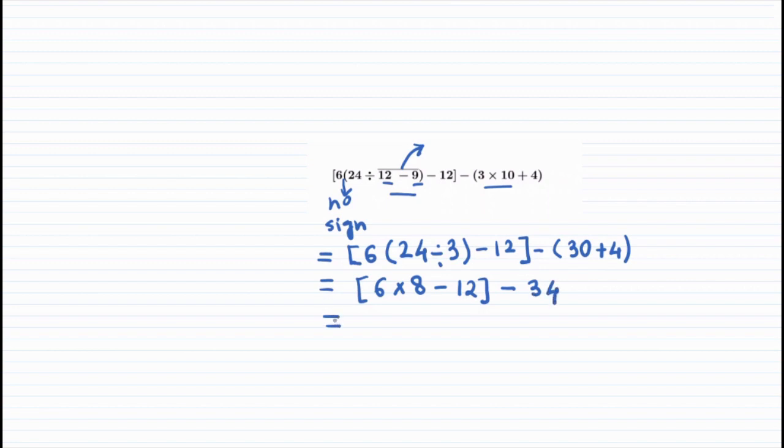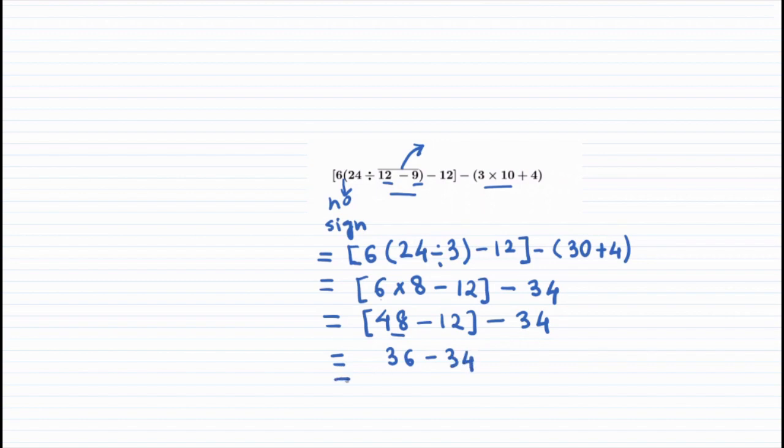Next, here 6 times 8, this is multiplication, so according to rule I will do this first. 48, 6 times 8 giving me 48, minus 12 inside the square bracket, and then minus 34, this is outside, giving me 48 minus 12 is 36 minus 34.